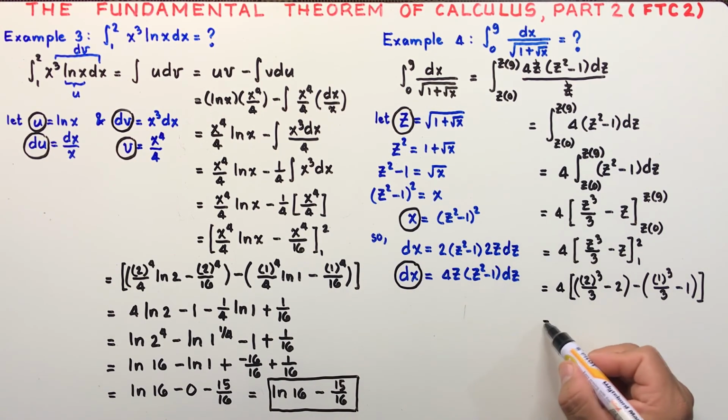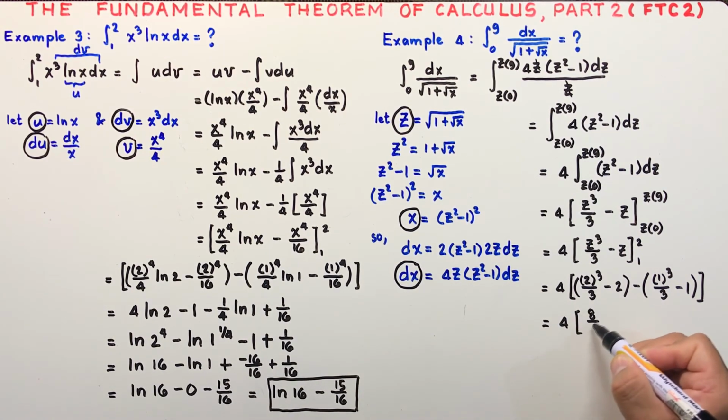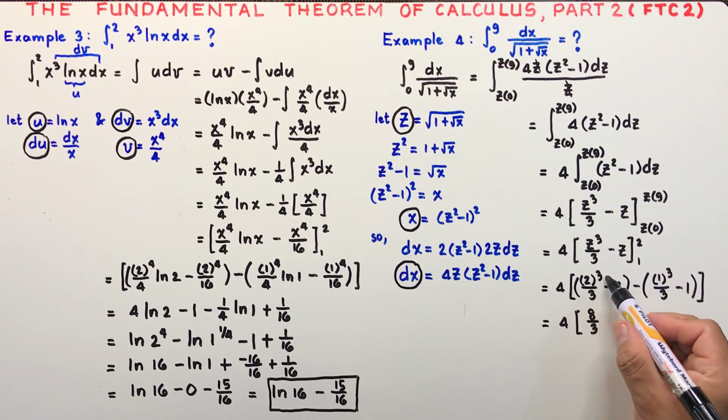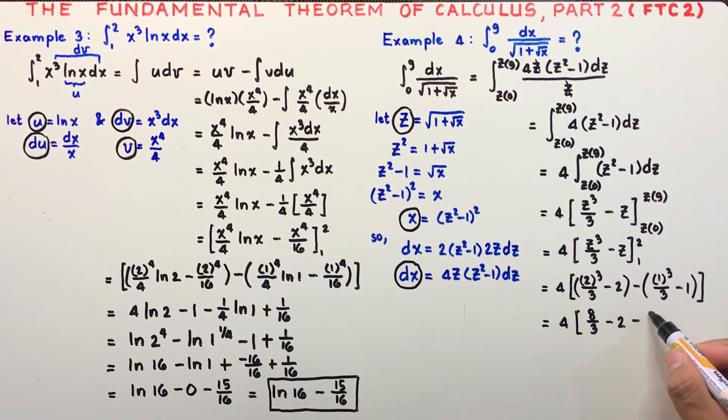So we have 4 times 8 over 3, because 2 cubed is 8, minus 2, and this will be subtracted by 1/3, because 1 cubed is 1, and this will be added to 1 because the negative of the negative is positive.